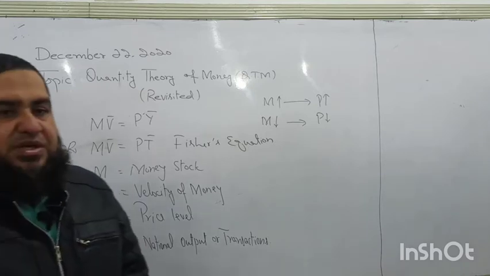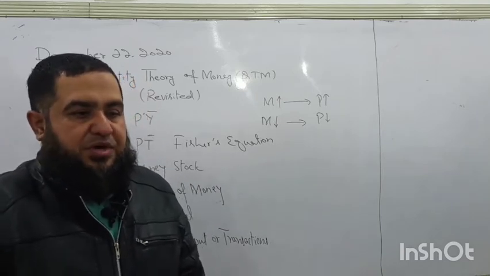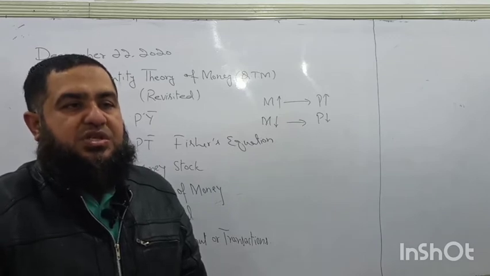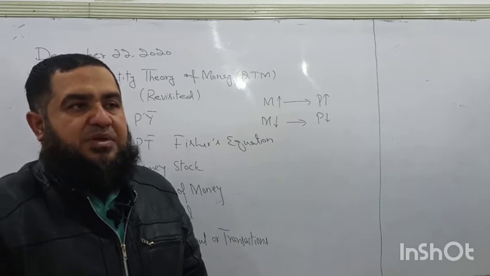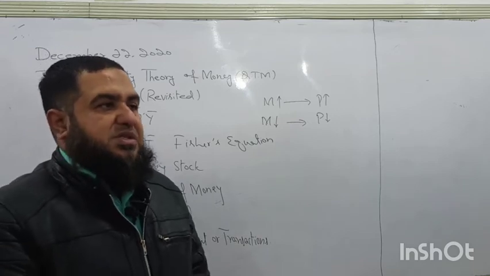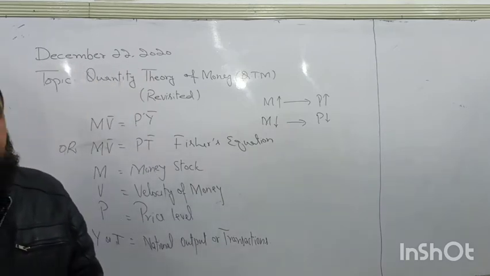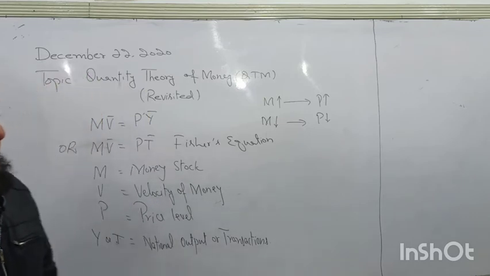This is the Fisher equation. And it is the monetarist thought, where monetarists think that by changing the money supply there will be a change in the general price level, and none of the other economic variables will be changing, like national output will remain the same. Any influence on the money stock will be causing influence on the general price level rather than on the national output.